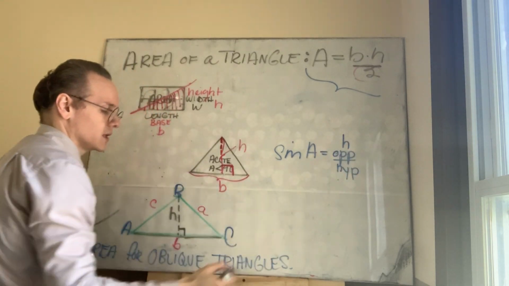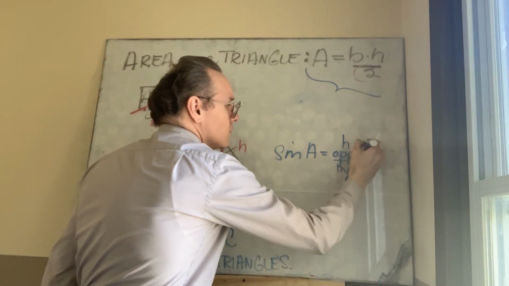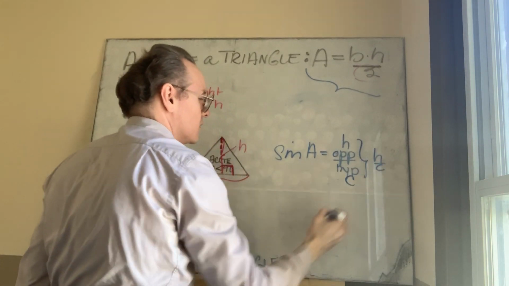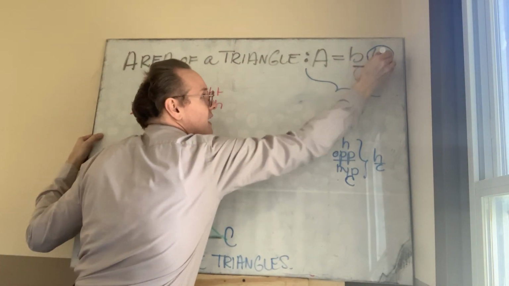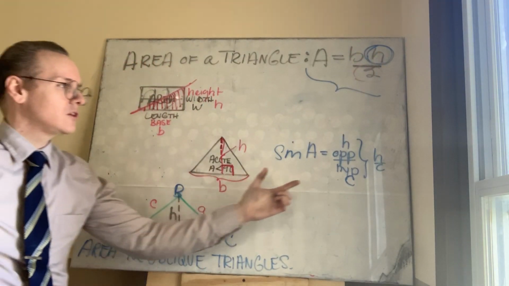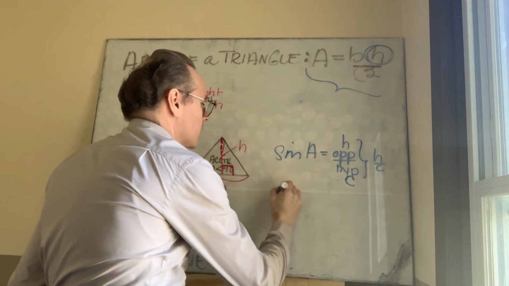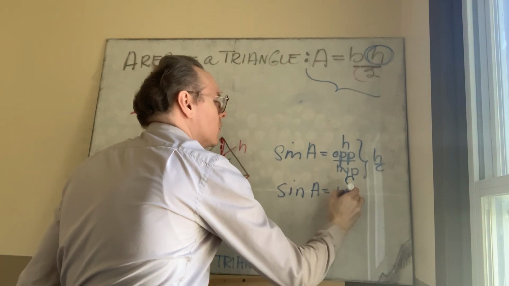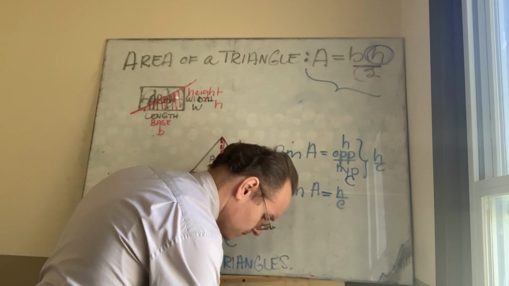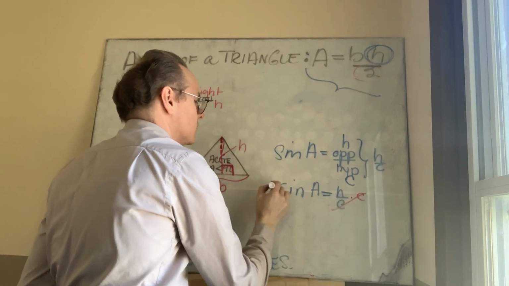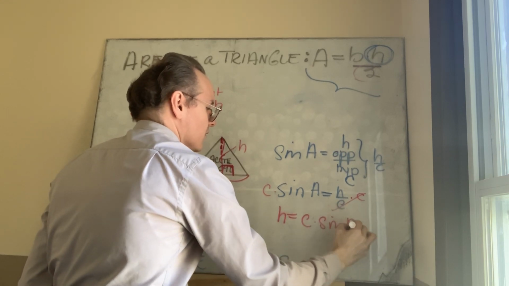So H, and the hypotenuse in this context is labeled C. So this is H over C. If you want to fill in for the height, what you would need to do is manipulate this to solve for H. How do you do that? I know you know. Move C, times C. That means that H is equal to the C dimension times the sine of the angle.